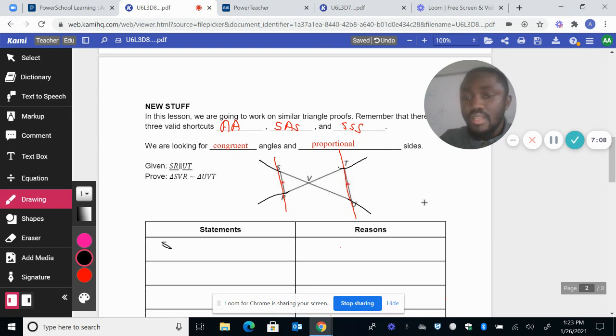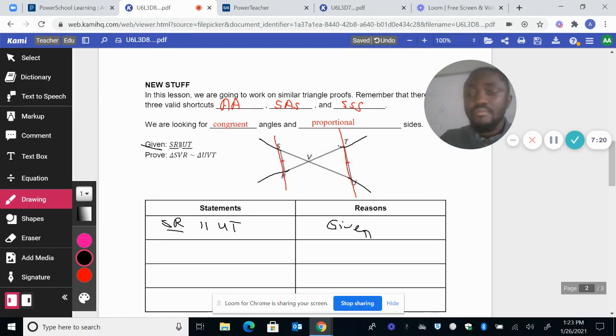SR parallel to UT is given, as it implies here. And then we see the measure of angle SVR is congruent to the measure of angle TVU.